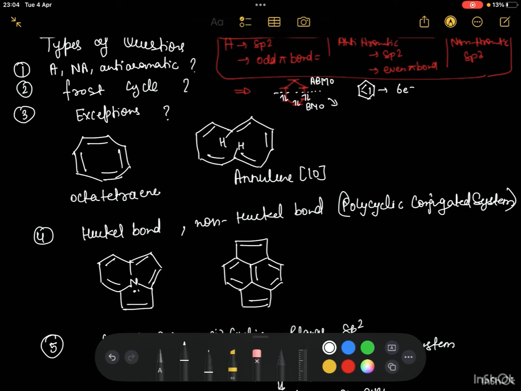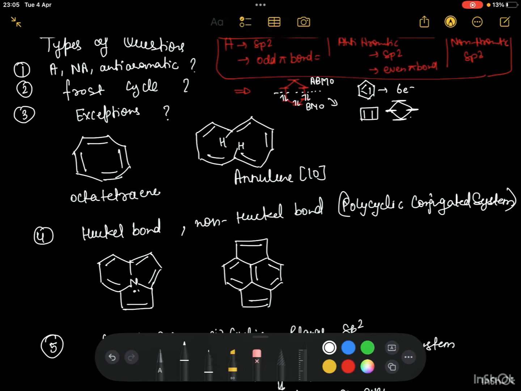Let's see if we take some other example, and I am going to see this one from the Frost cycle.